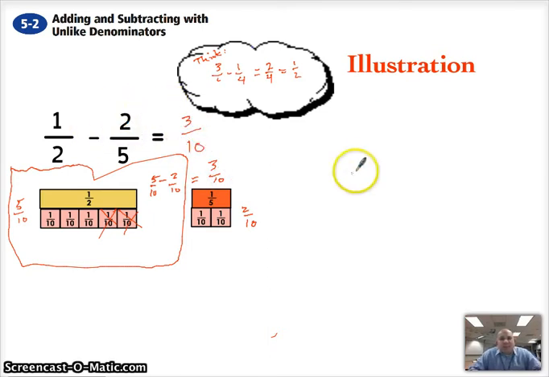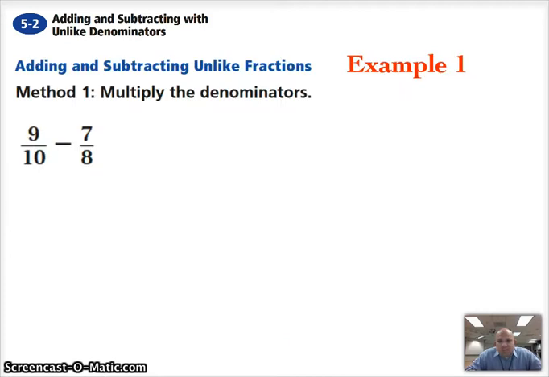Now we're going to look at methods that we can use to quickly get us to a common denominator. Let's look at example 1. One of the most simple ways to go about finding a common denominator is simply by multiplying the denominators. Here we're going to take 9/10 subtract 7/8, multiply the denominators together, and they make 80. 8 times 10, 10 times 8.